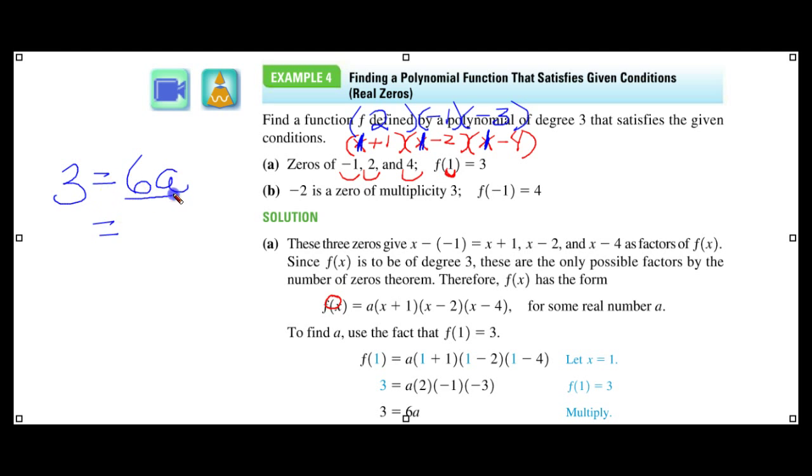So we're now going to divide both sides by 6. And we get a equals 1/2. So right over here, we're going to put 1/2 there. And that's going to give us our equation once we multiply through.